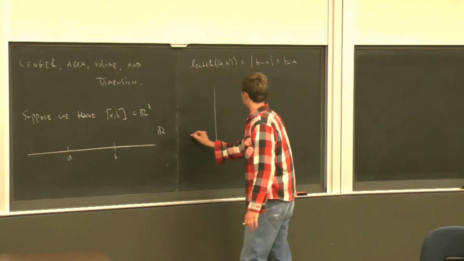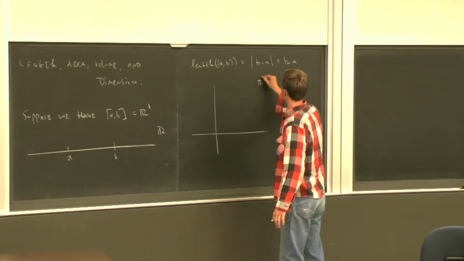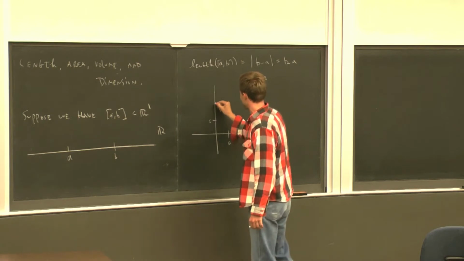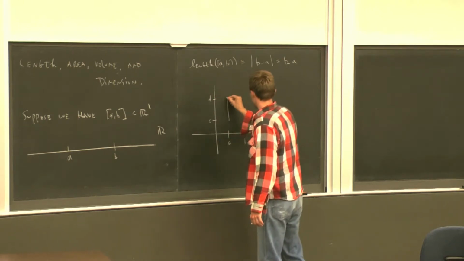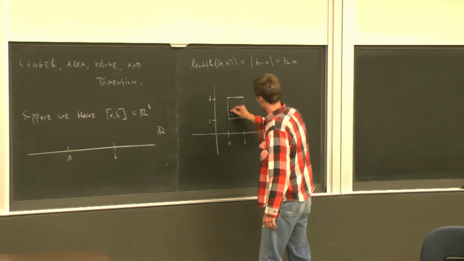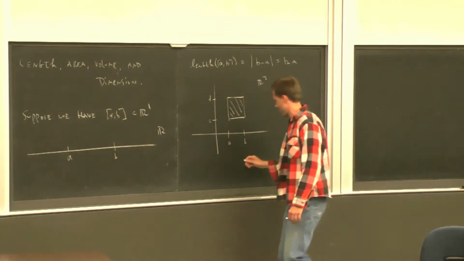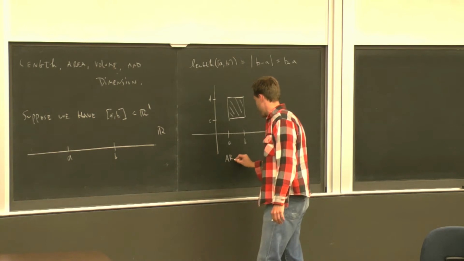And so again, exactly, in R2, we have A, B, C, D. So we have this rectangle, and so we have this idea of area, right?